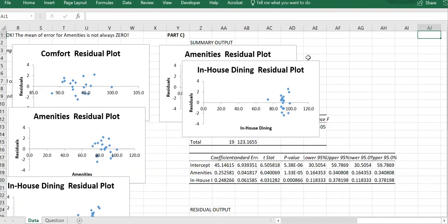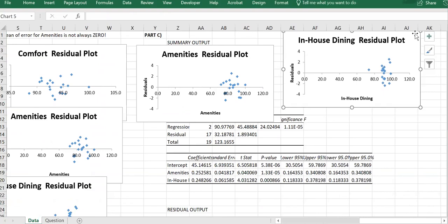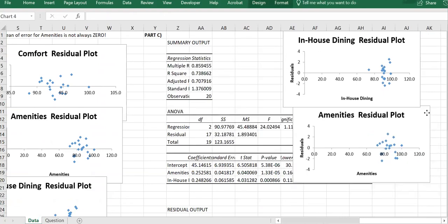For part C, let me just write down, do basically the same thing that we did in part B. First off, writing down the equation. So I have overall score equals intercept plus the coefficient for amenities times amenities.